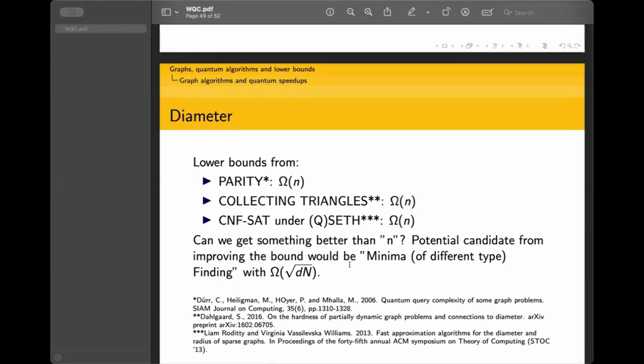If you have a function and you want to find k different minima of that function, and these minima can be of different types, like different parts, different intervals of the function, there's an established lower bound for this, which tells you that if you're looking for d minima and you have a discrete function with n values, then you necessarily need square root of d times n steps.